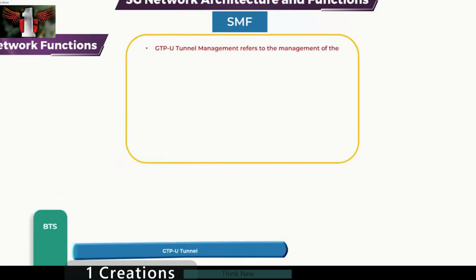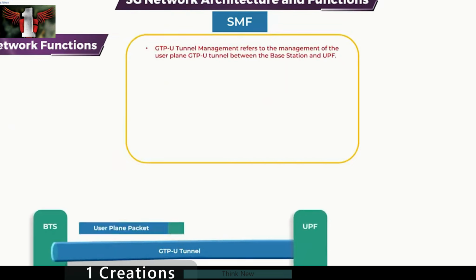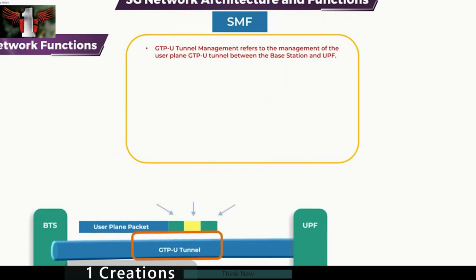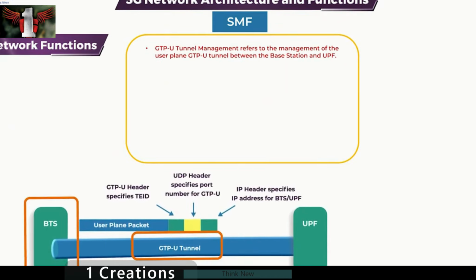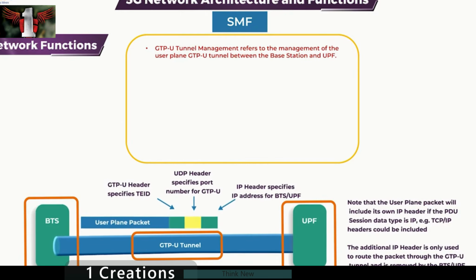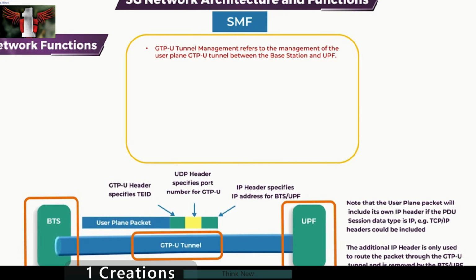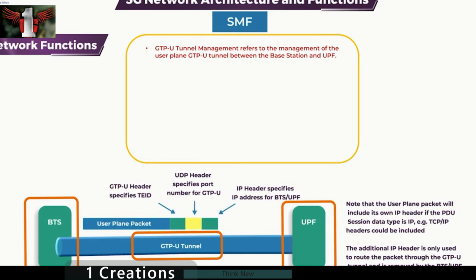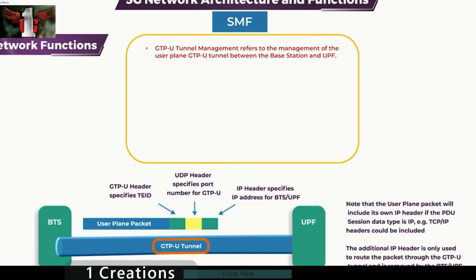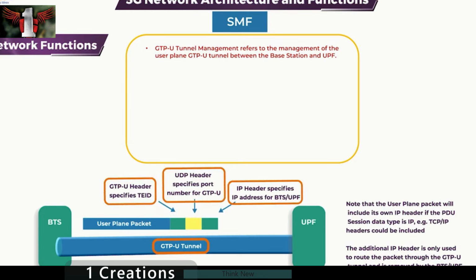GTPU tunnel management refers to the management of the user plane GTPU tunnel between the base station and UPF. GTPU tunnels are used to transfer user plane data between the base station and UPF. A GTPU tunnel operates by adding a set of IP, UDP, and GTPU headers to the user plane data packets.